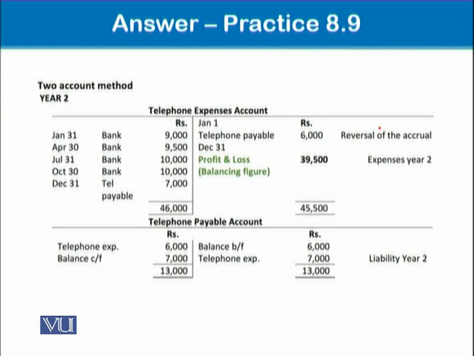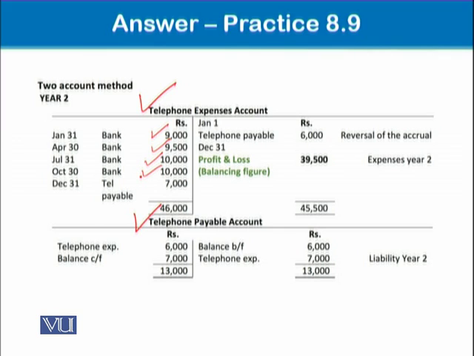Okay. Now for the second year, what we have. Now for the second year, we are preparing 2 accounts, telephone expense account and telephone payable account. And what we see that we have made payment during the year 9,000, 9,500, 10,000 and 10,000.